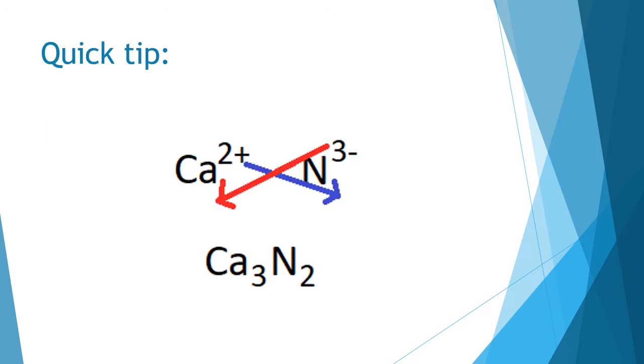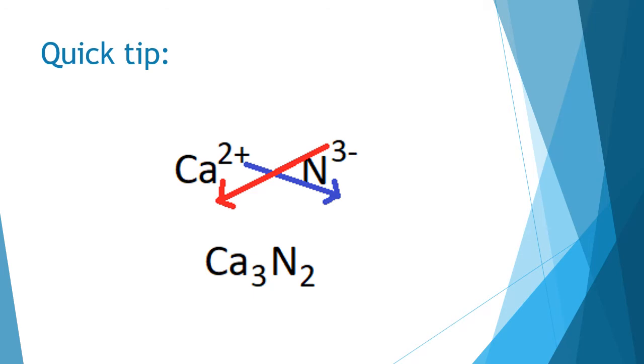A quick tip to help you figure out quickly what the subscripts will be. Because what generally happens to find the common multiple is that you simply multiply the two charges, that means that generally if you simply swap their places, you will get the correct answer that you need.